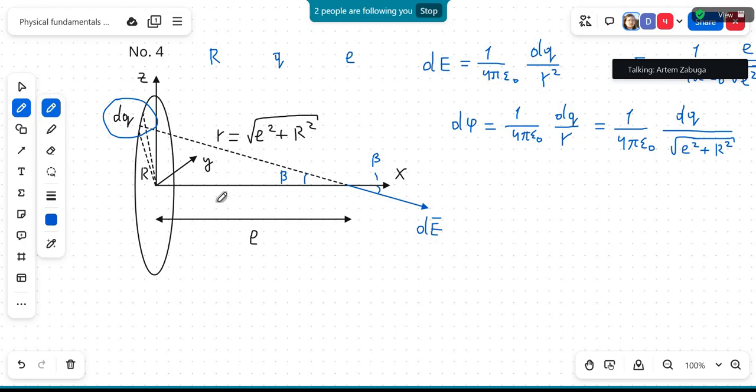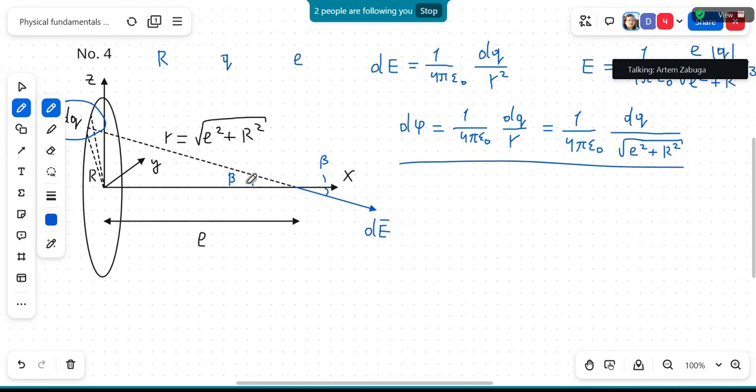But how to find the electrostatic field potential that is produced by the whole ring? How do you think? No ideas.